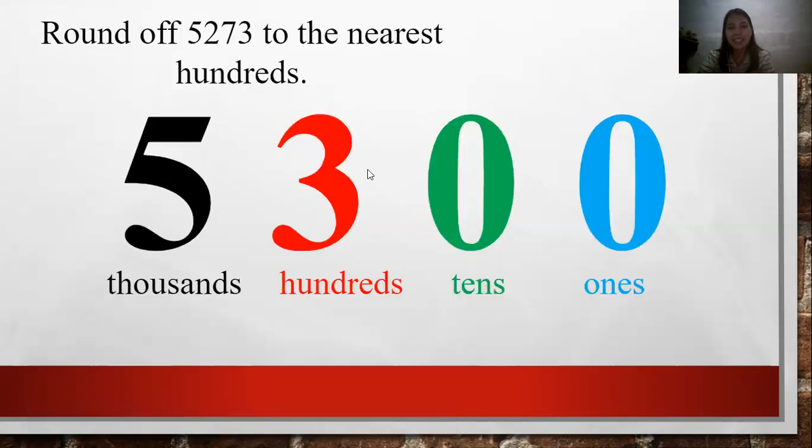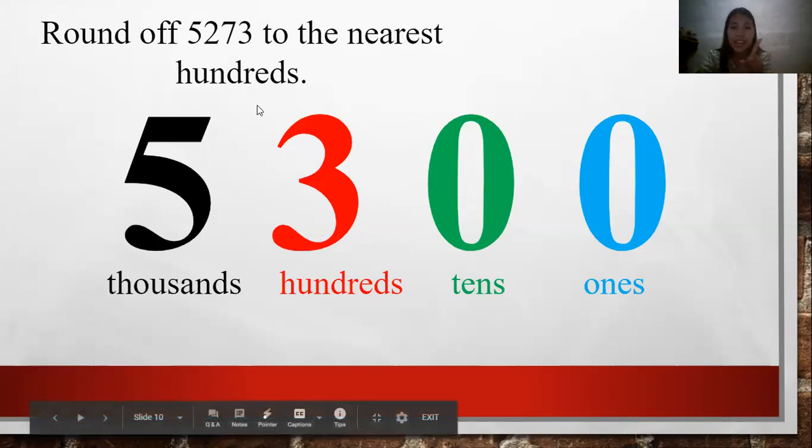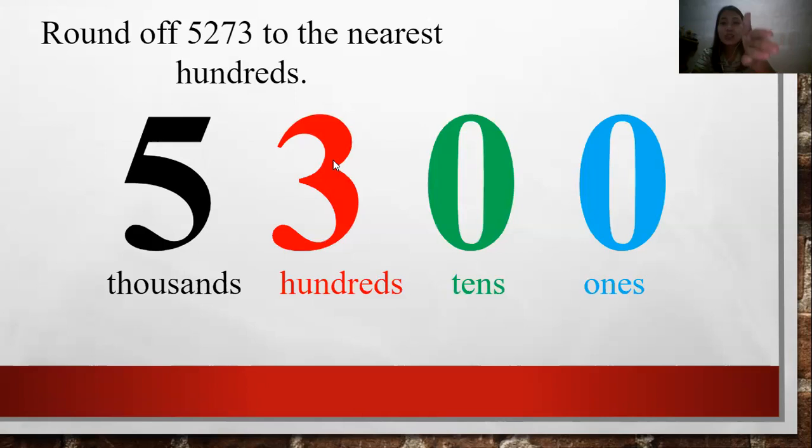So kapag nadagdagan na natin si 2 sa hundreds place value, lagi natin titingnan nearest hundreds. Pag nearest thousands, si 5 dapat po, pero hundreds ang nakalagay. Naka-add 1 na tayo kay 2, si 2 naging 3 na, the rest nito, yung nasa likuran nito, magiging 0 na po siya.